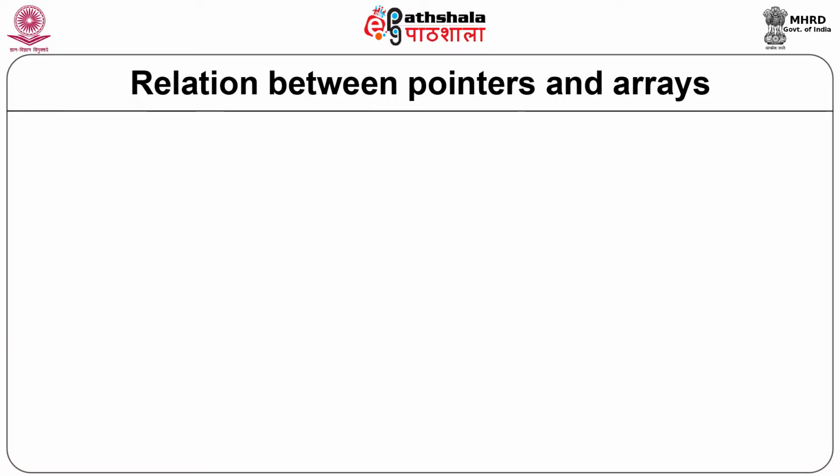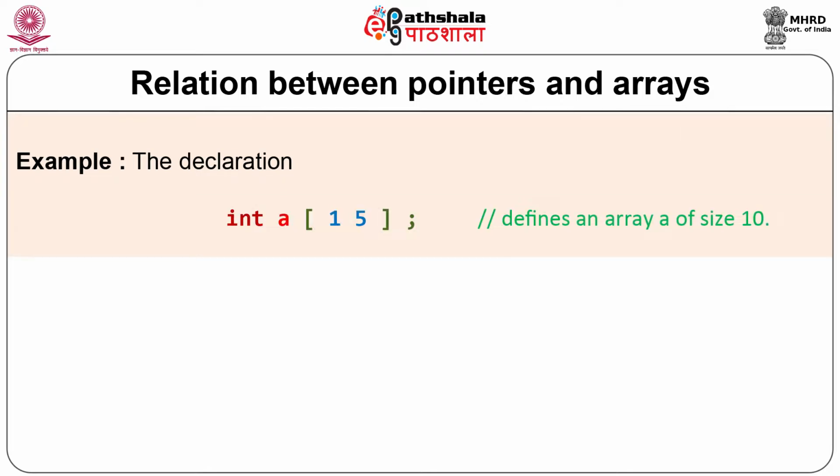Let us see the relation between pointers and arrays. For knowing the relation between pointers and arrays, we have given one program which includes an array and pointers. In this program, you can see int a[10], which is used for defining array a of size 10.